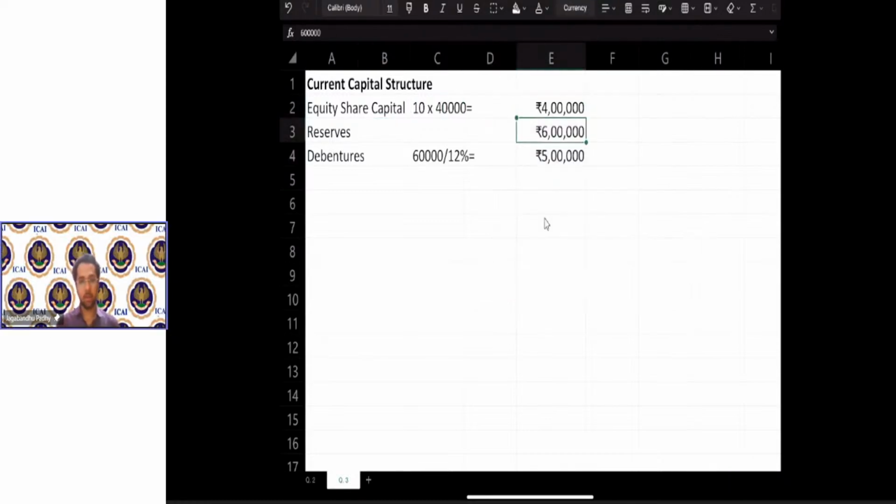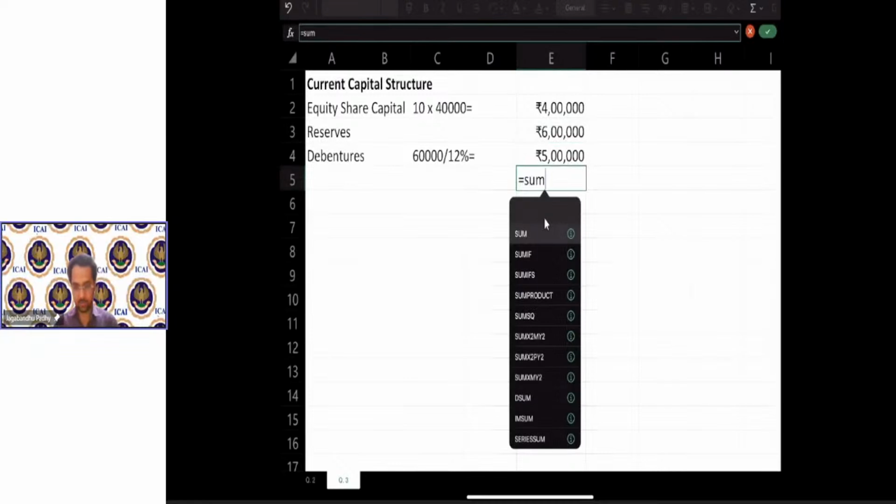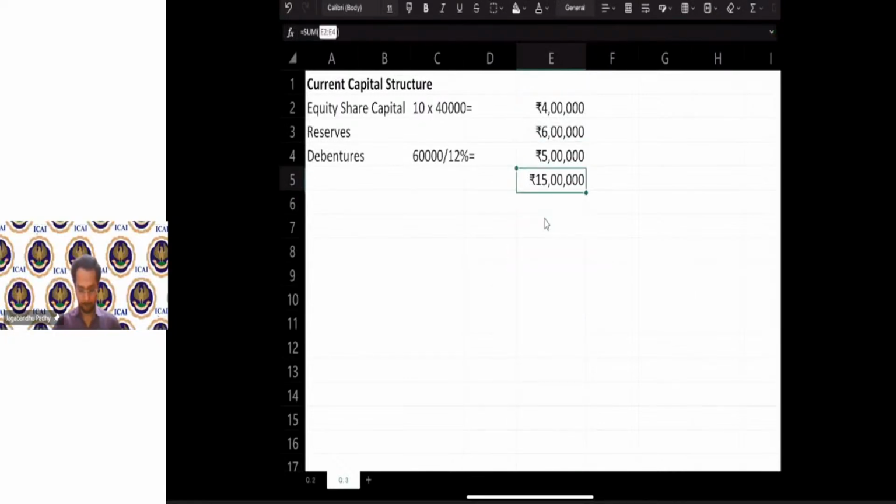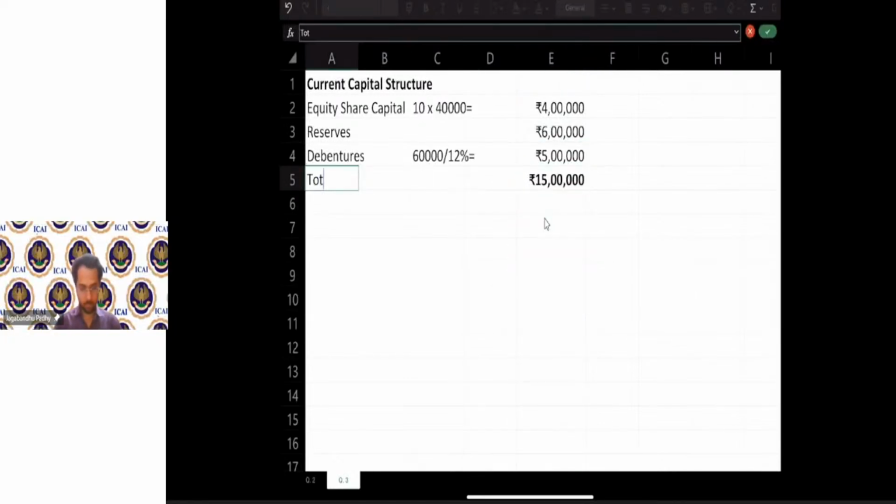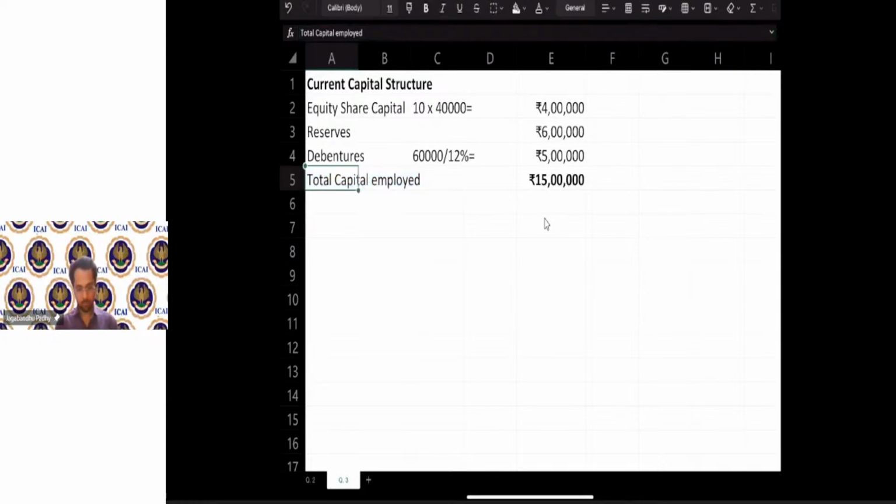And we have the total capital employed as 15 lakh. Now on this capital employed, what is the EBIT that we are earning?